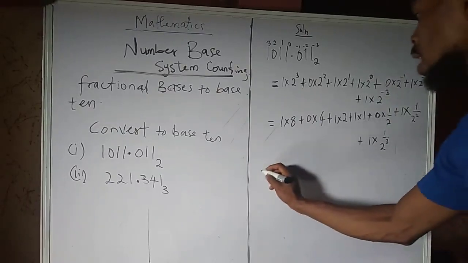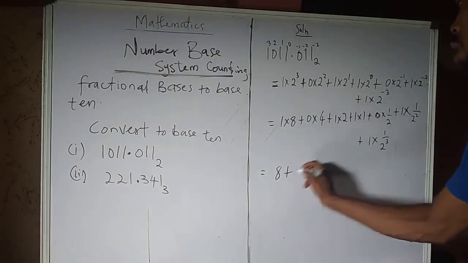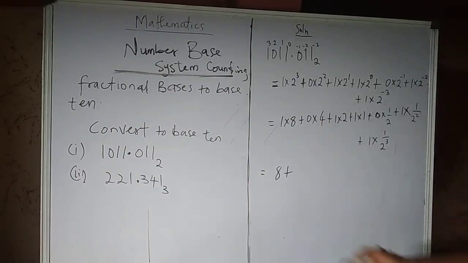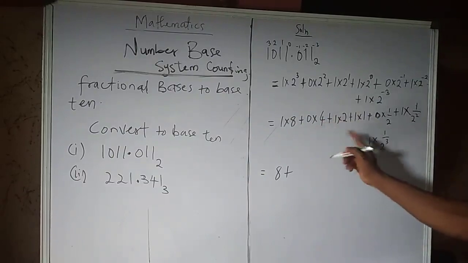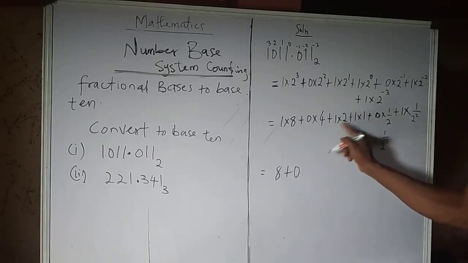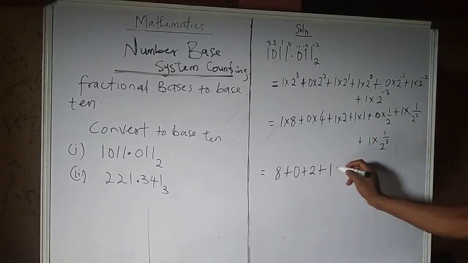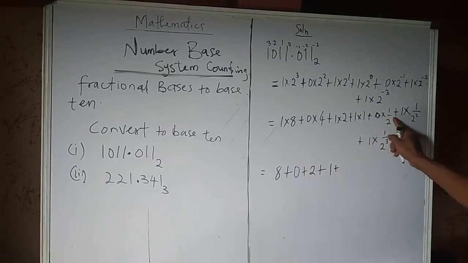So this now becomes, let's simplify: 1 times 8 is 8, plus 0 times 4 is 0. 1 times 2 here is 2. 1 times 1 is 1. Plus 0 times 1 over 2 means everything here is 0.